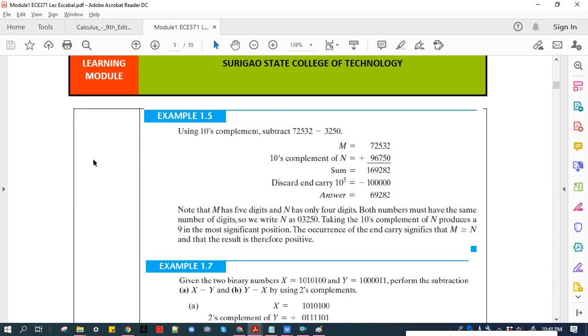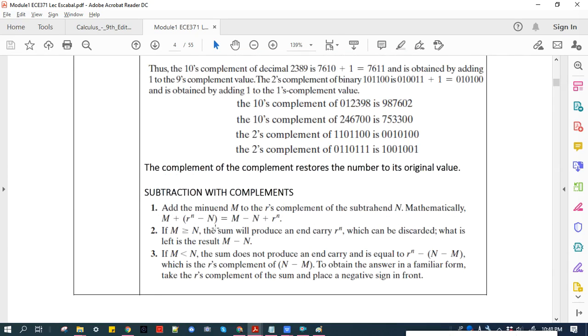For the example here, it is in the decimal system, so the r's complement is the tens complement. We have the minuend and then the subtrahend. It says in the procedure to get the r's complement of the subtrahend.